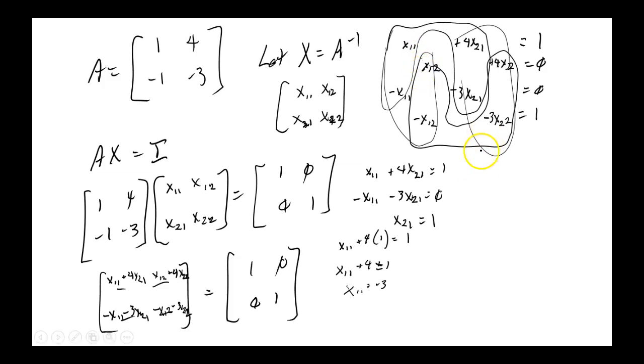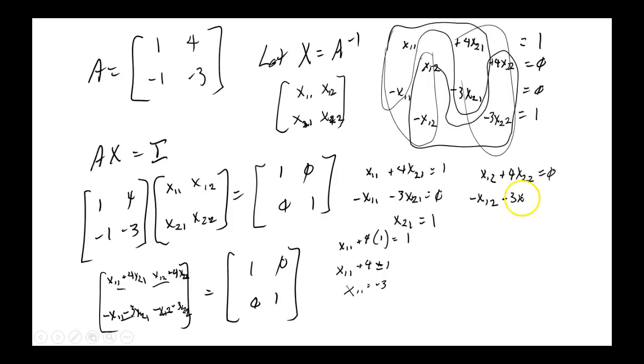And take the next pair, x of 1, 2 plus 4x of 2, 2 is equal to 0, and minus x sub 1, 2 minus 3 x sub 2, 2 is equal to 1.